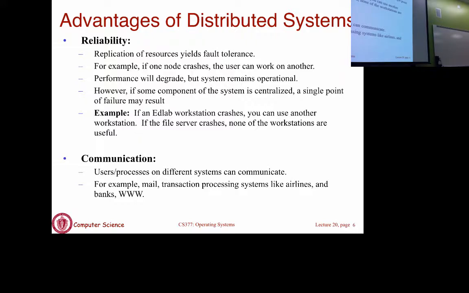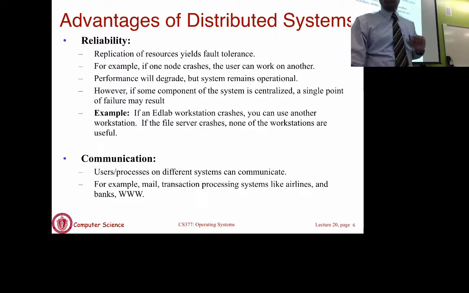You have to realize that those applications are distributed on lots and lots of machines, and they are written in a way that even if some of those machines fail, the application continues to function because other machines take over the work that was being done by the failed machines. So this way users are not inconvenienced. You don't see a scenario where the search engine has gone down, so I can't do Google search anymore or anything like that. So that's the important benefit of distributed system. Of course, distributed systems enable communication, so real users can send messages and all of that. So that's what the last point says.